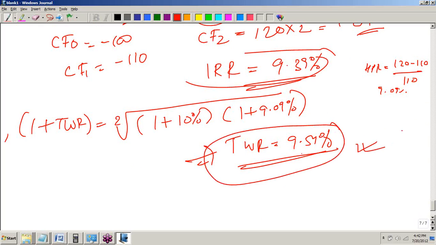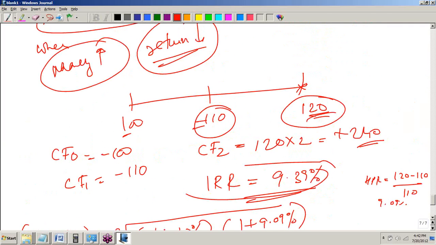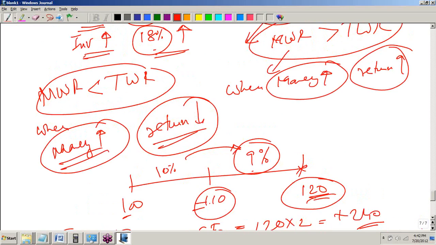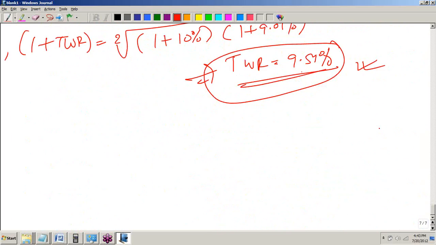Now your time weighted return is more. What happens is when your money is becoming more, here the return was 10%, here the return was 9%, your return is decreasing. More money, lesser return, your money weighted return will be worse than the time weighted return, and that is how we are seeing it through this computation also.